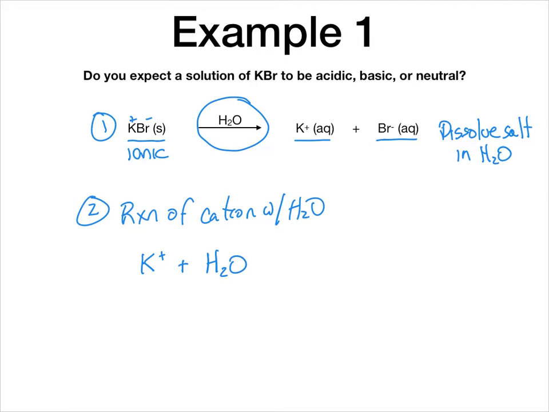Instead, what's going to happen, because this is a strange acid, and we're going to see why here in a minute, remember that this water is HOH. Otherwise, note that it's dissociating into H plus and OH minus. Because this K plus is ionic, this K plus is going to combine with that OH minus.